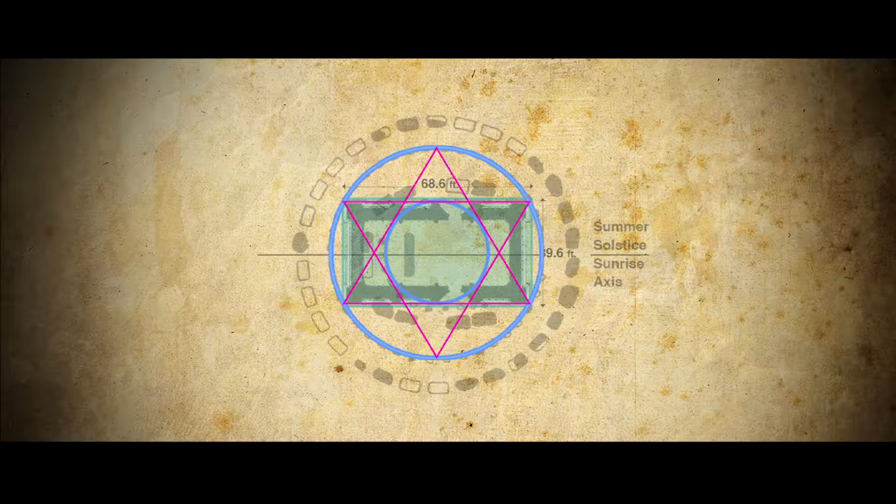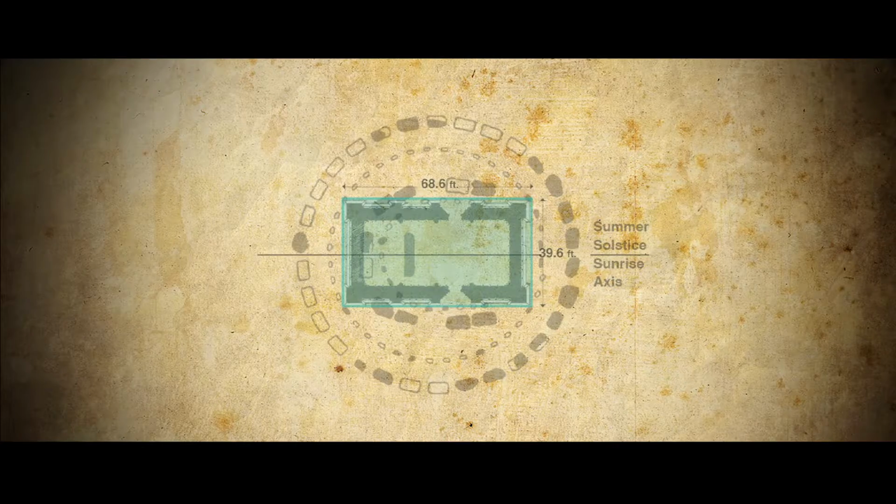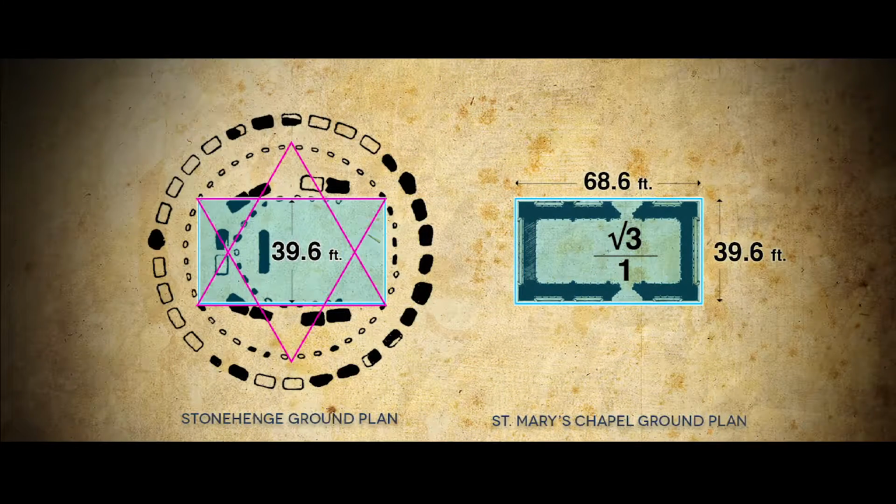And if we take this rectangle right here, which is in the relationship of the square root of 3 to 1, we discovered that that's precisely the size of this chapel that was the first, according to some, built 2,000 years later. And it links the two. It links a common geometry.